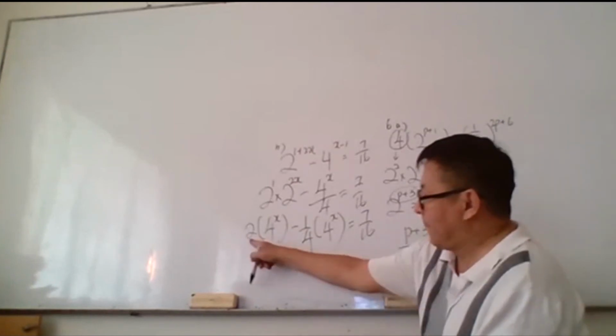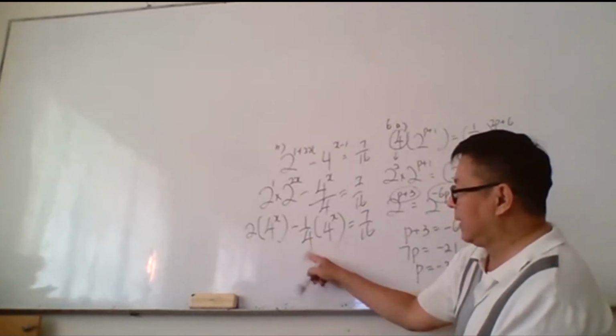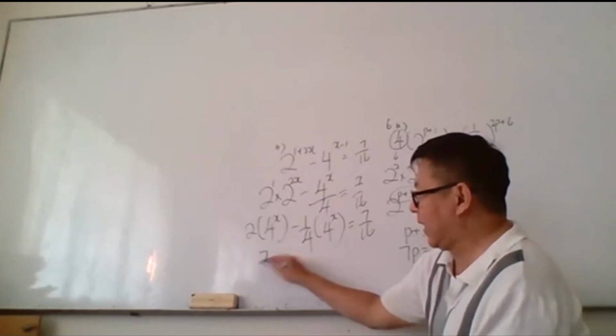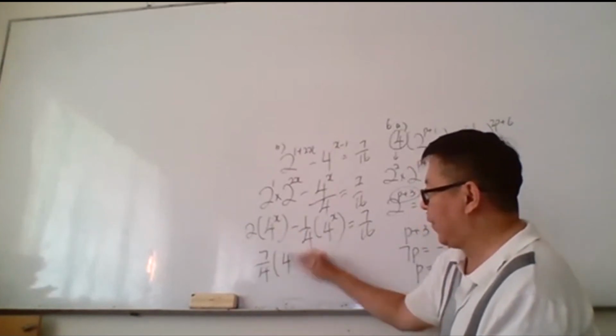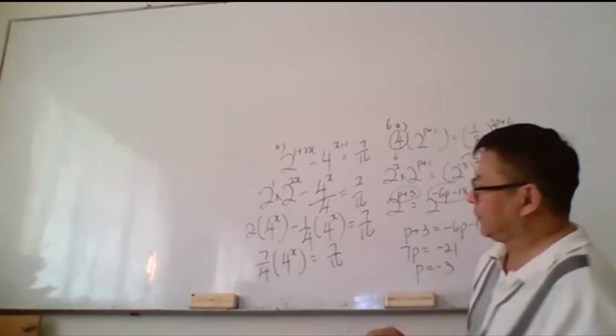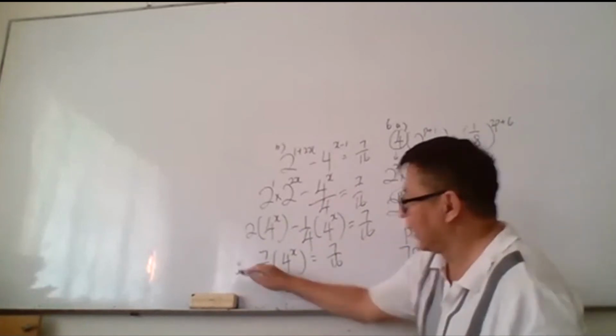And we know that a number will be minus the number. So 4 times 2 is 8, 8 minus 1, you get 7 over 4 of 4 to the x. So 7 over 16. Can you get it or not?